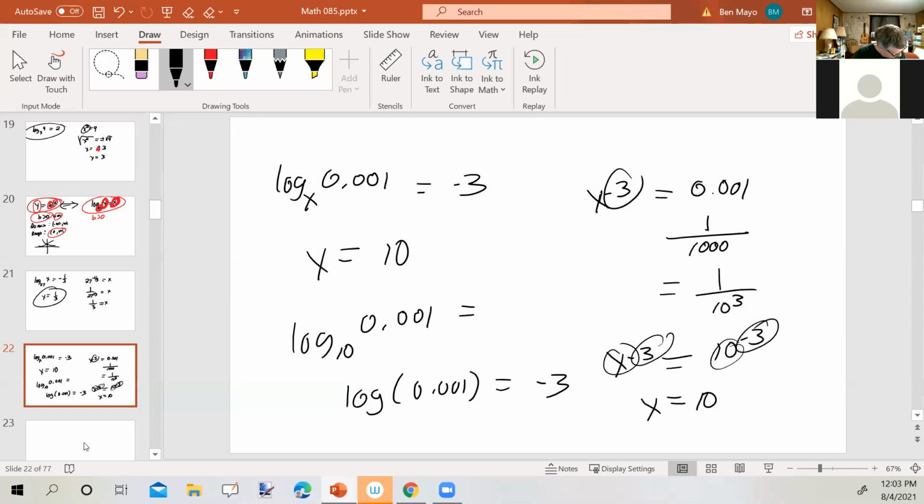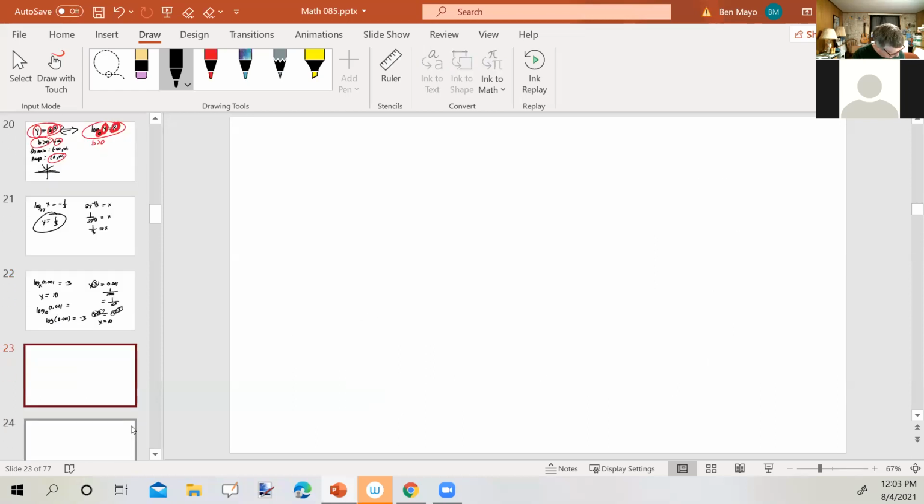Okay. How about this one? This is going to be tricky. So here we go. Log base 4 of 8 equals x. I need to solve for x. I'm going to change this into an exponential equation. So it's going to be 4 to the x power equals 8.